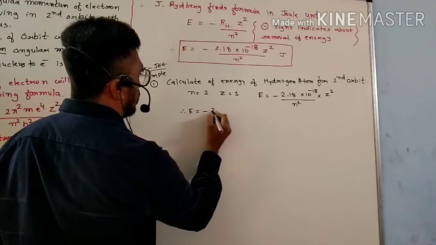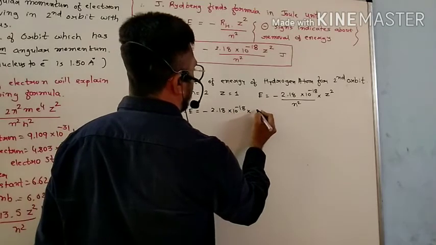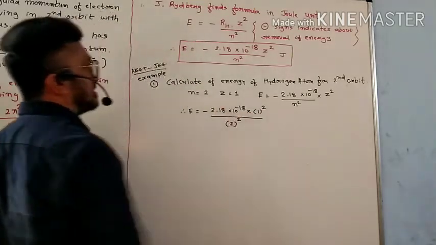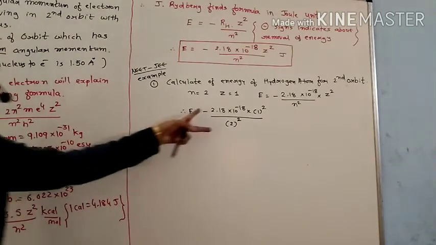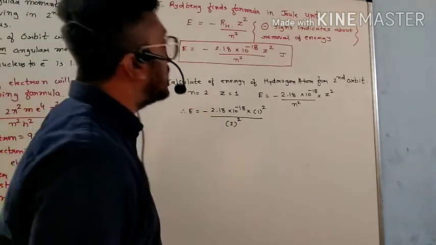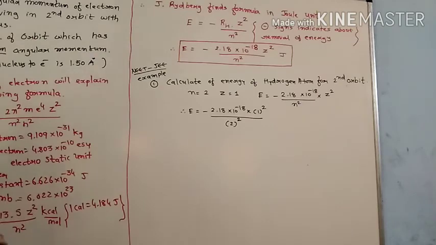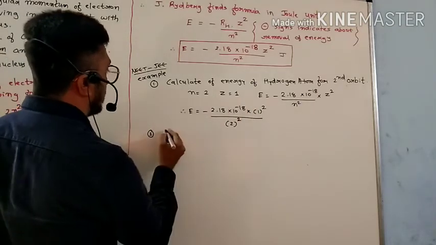So E is equal to minus 2.18 into 10 raised to minus 18, here Z is equal to 1, and n is equal to 2 squared, so 4. So 2.18 divided by 4 is the final answer for the energy of a hydrogen atom for the second orbit. Okay, the second one you have to calculate yourself.